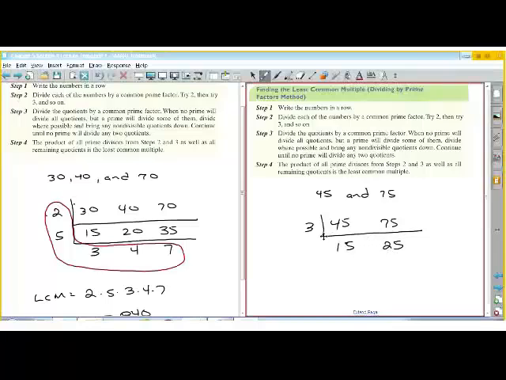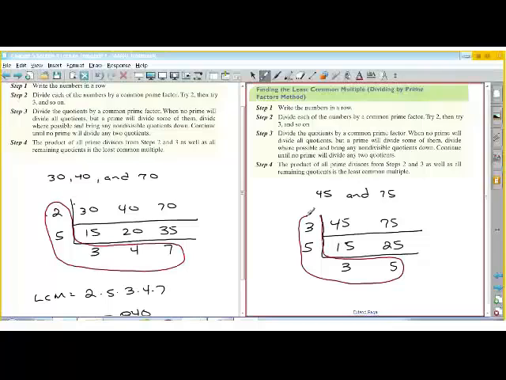Can I divide those both by 3? No, because this is not divisible by 3, so I go to the next larger prime number, which is 5. 15 divided by 5 is 3, and 25 divided by 5 is 5. Can I divide these by a common term? The answer is no.